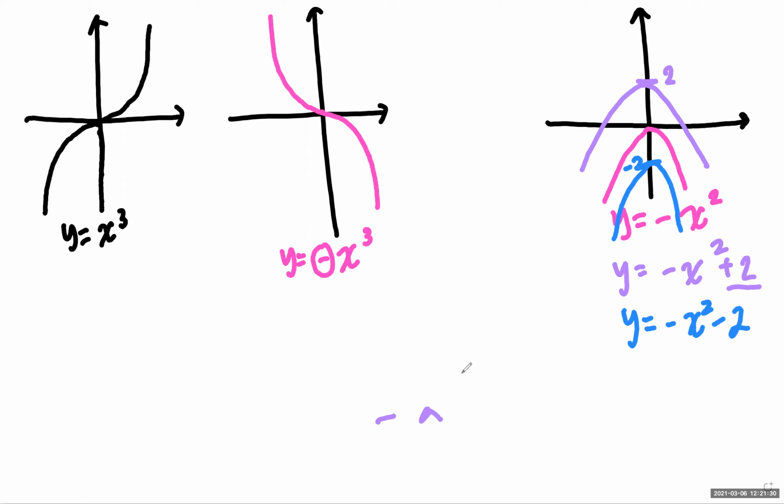Now let's do purple. So purple says that if it's x cubed, I here have a plus 2. Here's a plus 2 means what? Movement up means I move the whole graph up by 2. Okay, so I move it up by 2, like that.